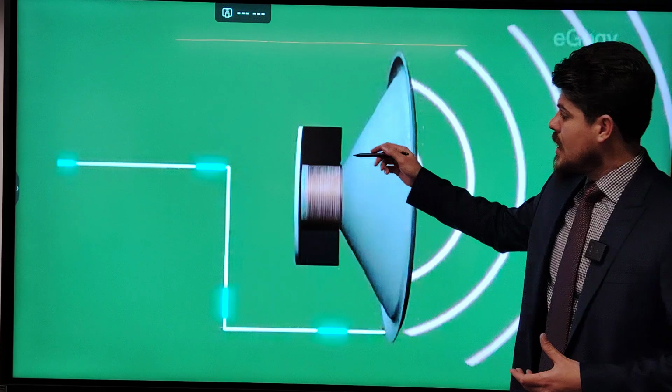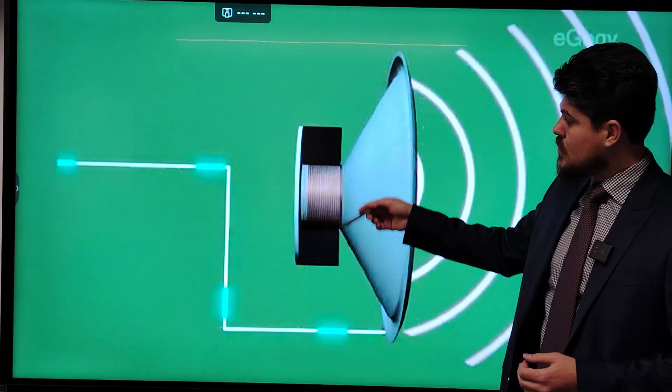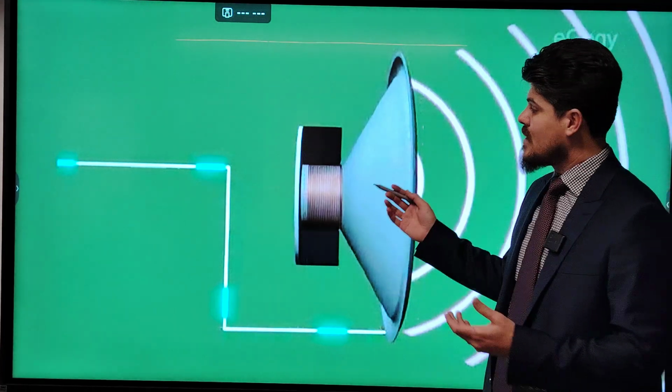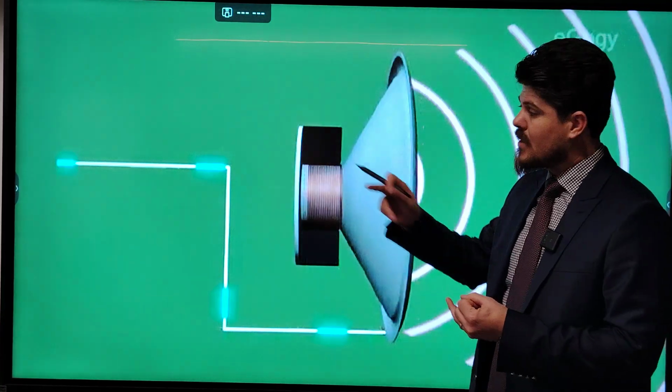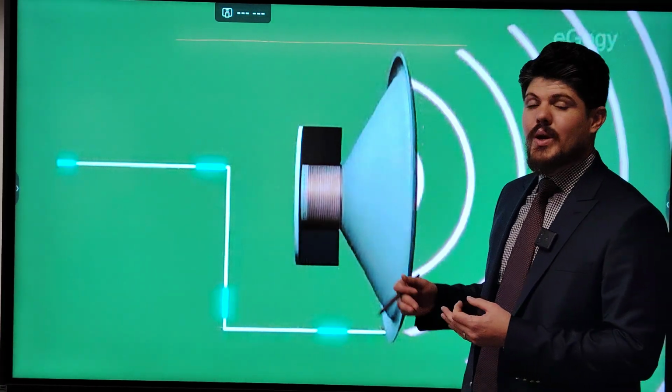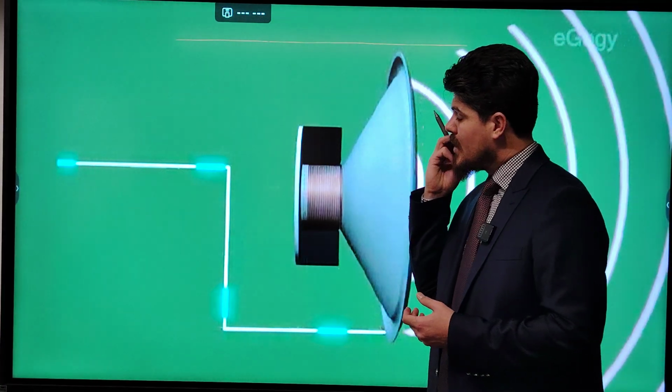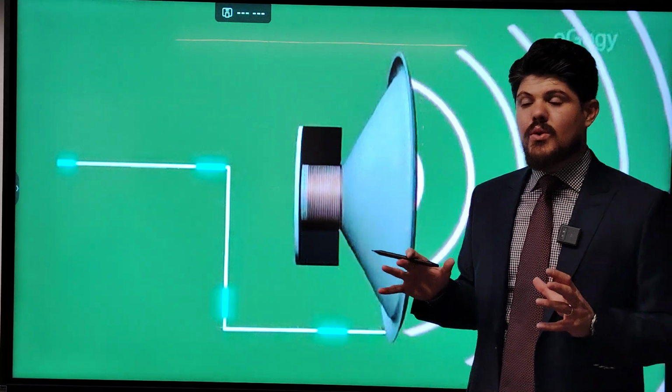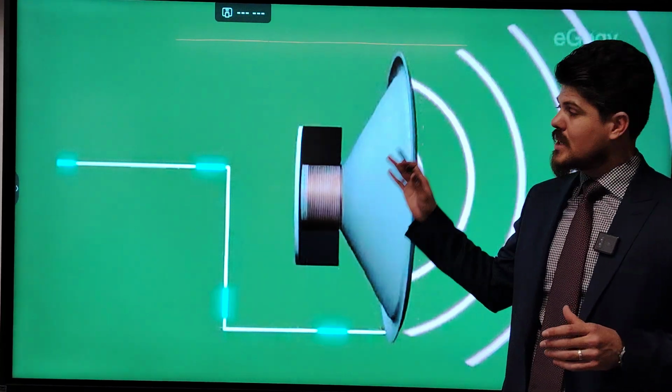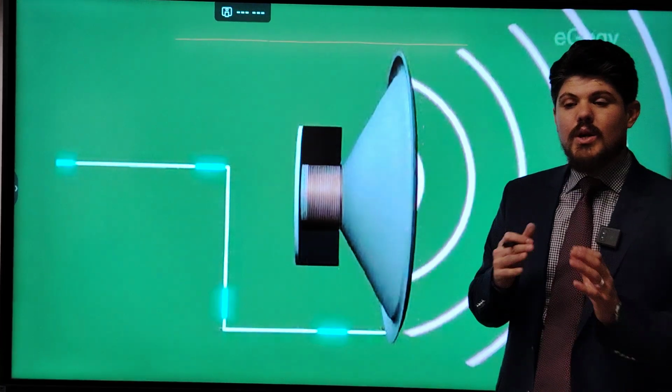This current produces a magnetic force on this coil of wire, because we have a magnetic field B, a current I, and also the length of the voice coil wire. The magnetic force acts on the paper cone attached to the loudspeaker.